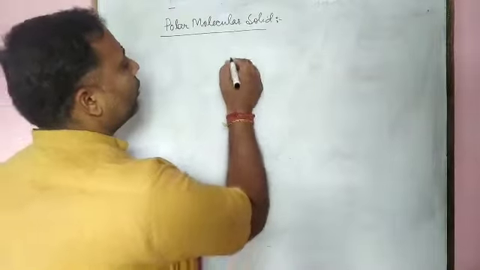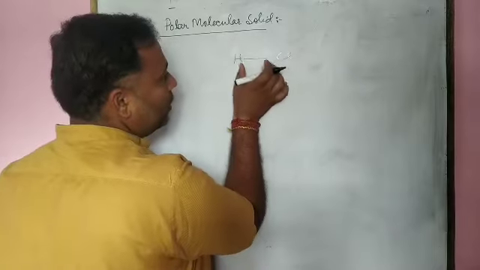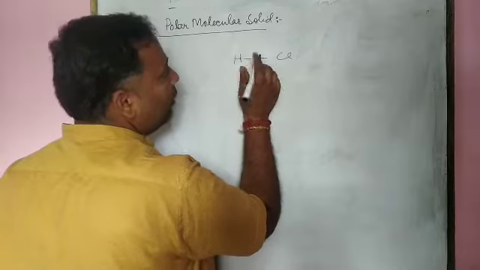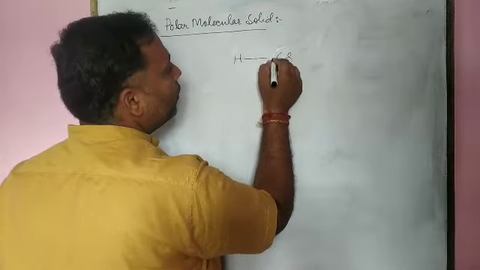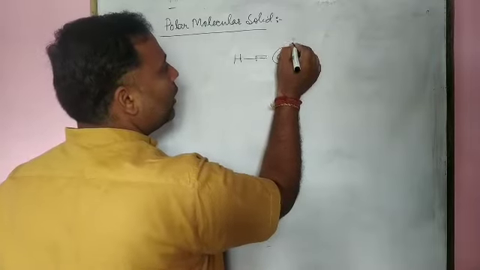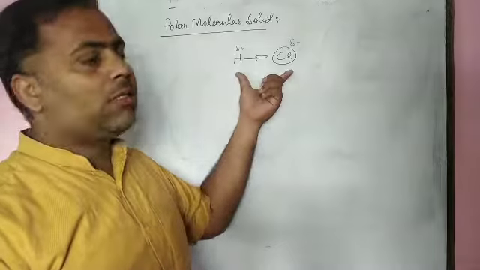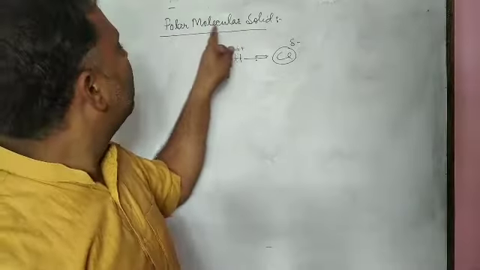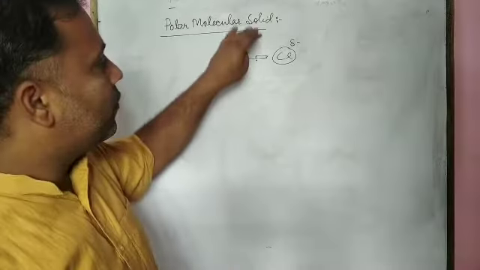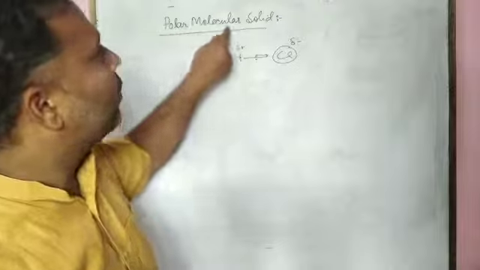For example, in case of hydrogen fluoride, this bond is formed by the sharing of electrons. It means it is covalent in nature. But due to greater electronegativity of fluorine, the bond shifts towards fluorine and it gets delta negative and delta positive. This type of molecule is termed as polar covalent molecule. And the solid constituted of this type of molecule is known as polar molecular solid.